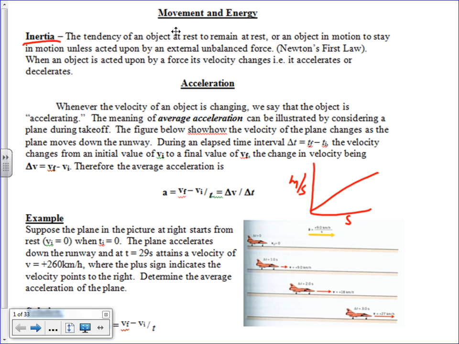Why don't we use a car accelerating away from a stoplight as an example of uniform acceleration? Well, no, if it was perfectly uniform, it would look like this. But do you accelerate more in a different gear in your car than you would in others?